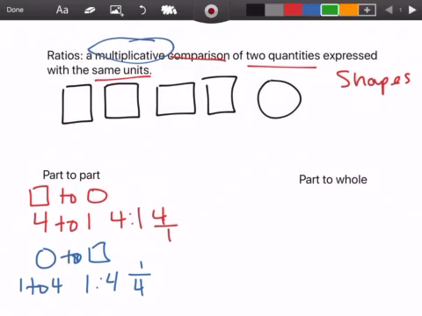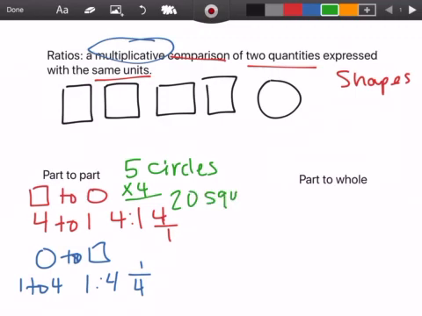So if I know that there's 5 circles, then I know that there's 4 squares for every one circle, so I would multiply by 4 to figure out there would be 20 squares.